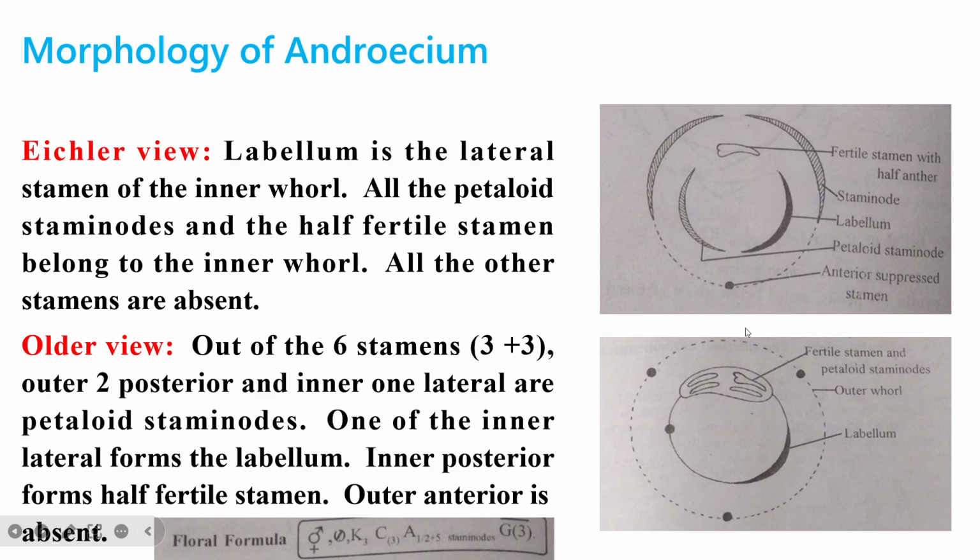Then in the older view, out of the 6 stamens, outer 2 posterior and inner 1 lateral are petaloid staminodes. One of the inner lateral forms the labellum. Inner posterior forms half fertile stamen. Outer anterior is absent.